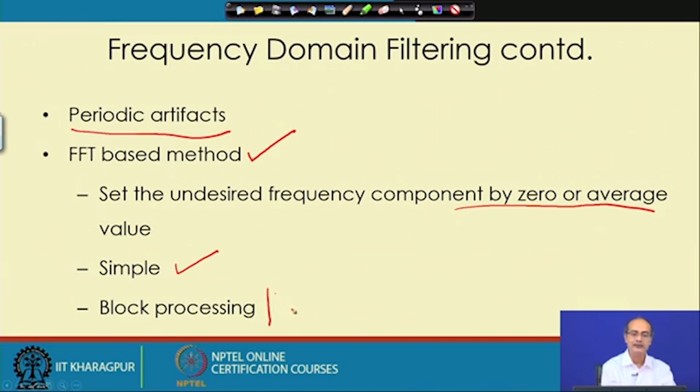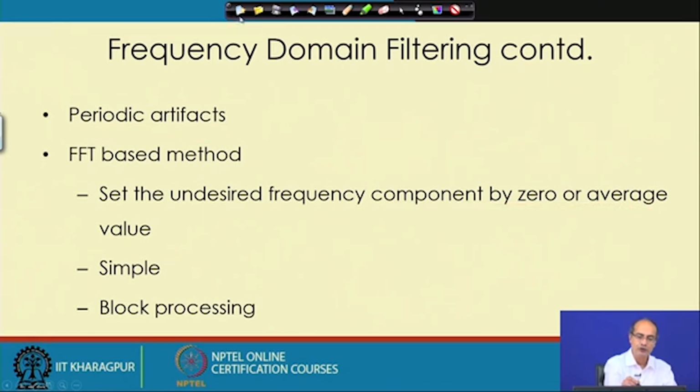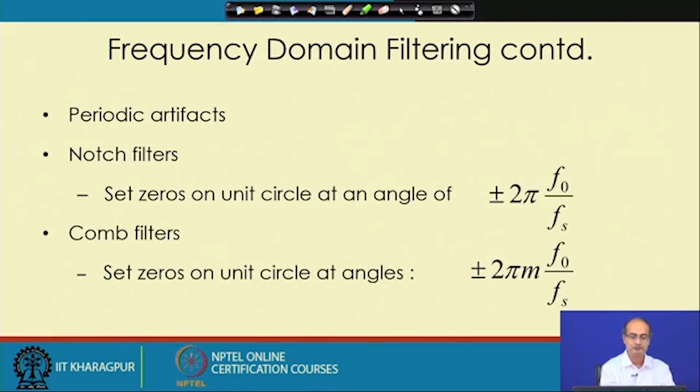That makes it unsuitable for real time applications. So, we will look for an alternative that can keep the benefits of the simplicity and effectiveness of the frequency domain technique, but is not a block processing technique.